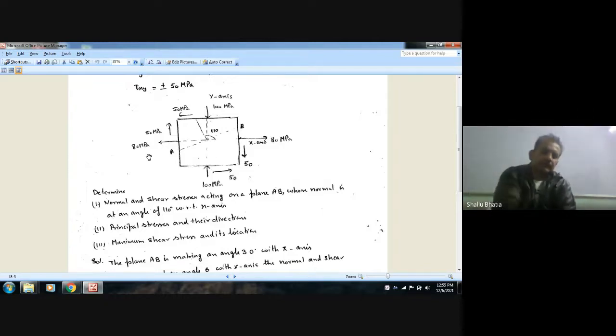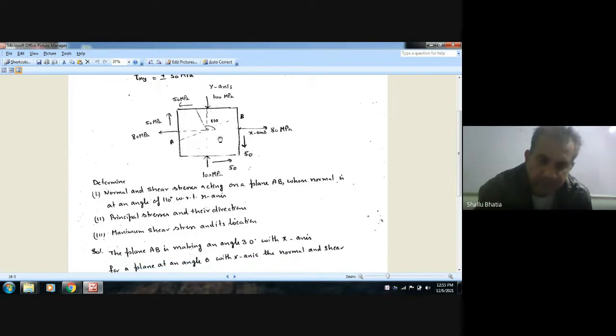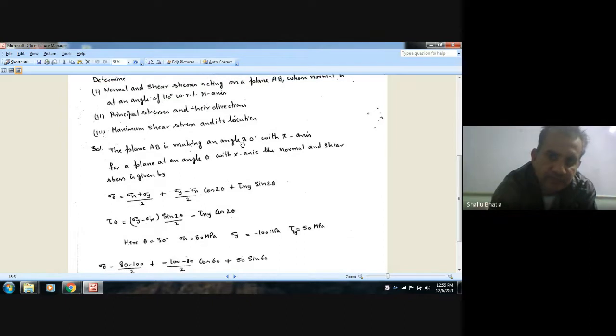Second, find the principal stresses, their directions, and the maximum shear stress and its location. So we have this plane. Its normal is making 110 degrees with the x-axis. Now the plane will make 110 minus 90, that is 30 degrees. So the plane AB is making 30 degrees with the x-axis.